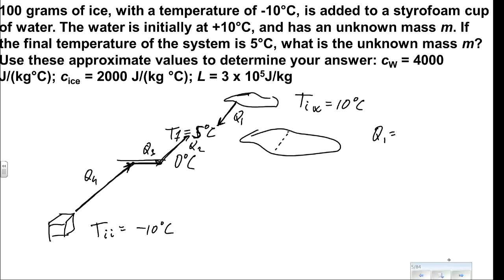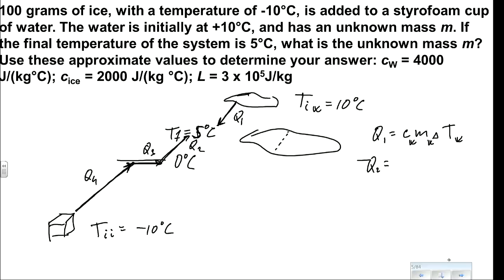Cm delta T. Doesn't matter. So that's water. Water, water, and water. Now, actually, it could have been easier to count from the other side, doesn't matter. Okay, Q2.